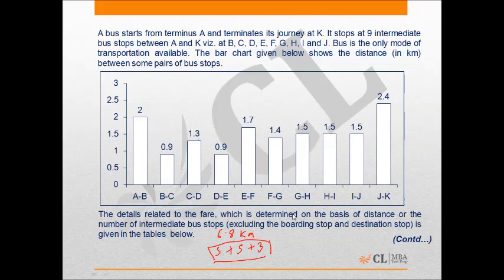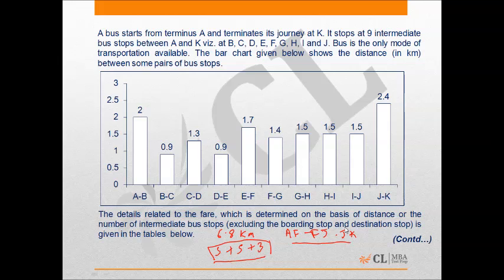though the stretches that we discussed, A to F, and then F to J, and finally J to K, need not be the only arrangement of different stretches. We can take some other stretches and still we can reach this figure.